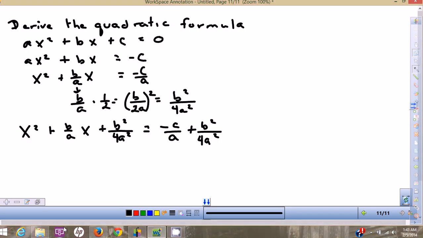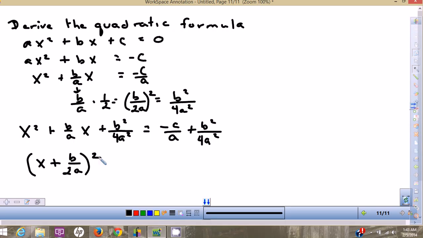The only difference is that this time I have letters, which means the next step is to factor this trinomial. So x, this sign is a plus, so this is a plus, what I had before I squared it, b over 2a, and that quantity is squared.